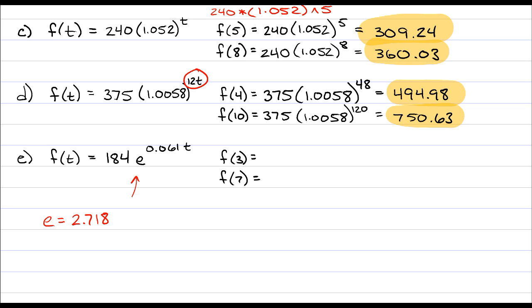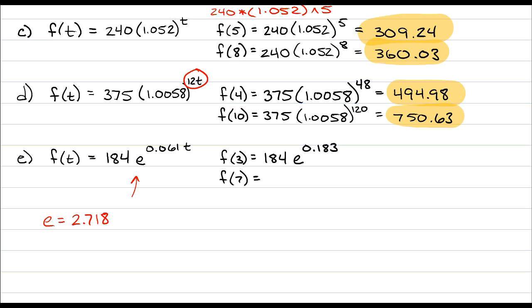Okay, so in part E, if I want to calculate f of 3, I would take 184 times e. Now my exponent is really 0.061 times t. So that's 0.061 times 3. So my exponent here is 0.183.